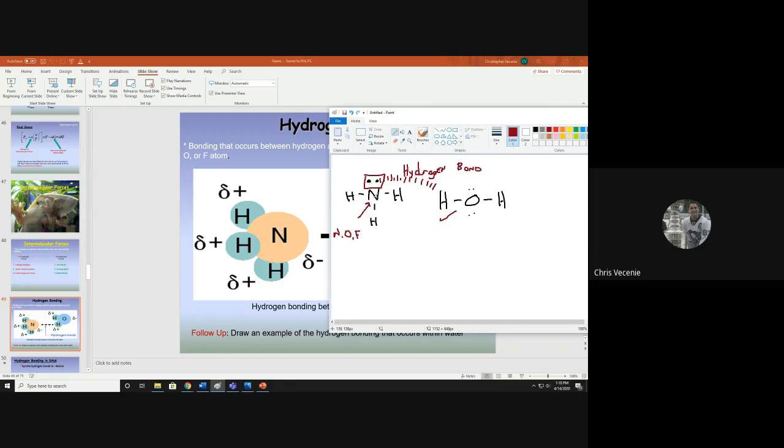As long as you have dots on an N, an O, or an F, and there's hydrogen present, you will have hydrogen bonding, right? Which is a pretty strong attraction force. Why is it attractive? You're getting into these goofy symbols, all right? This lowercase Greek delta that has a positive, and this lowercase Greek delta that has a negative. Right? Those are charges.